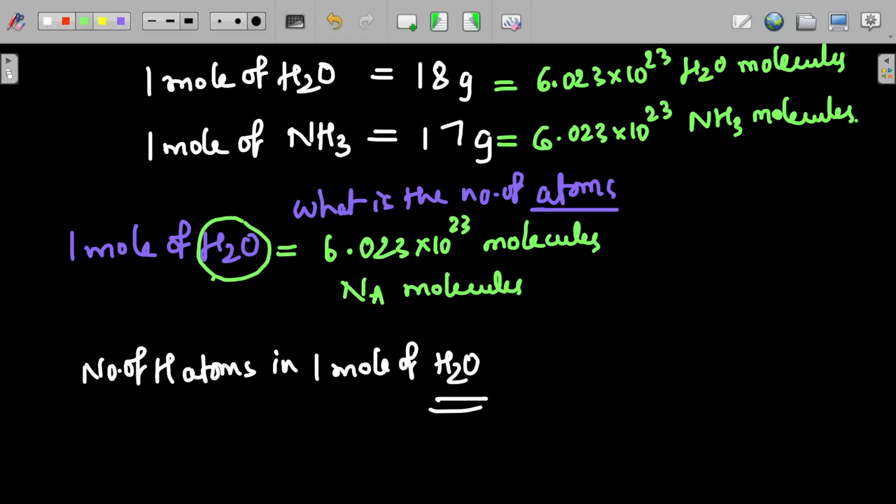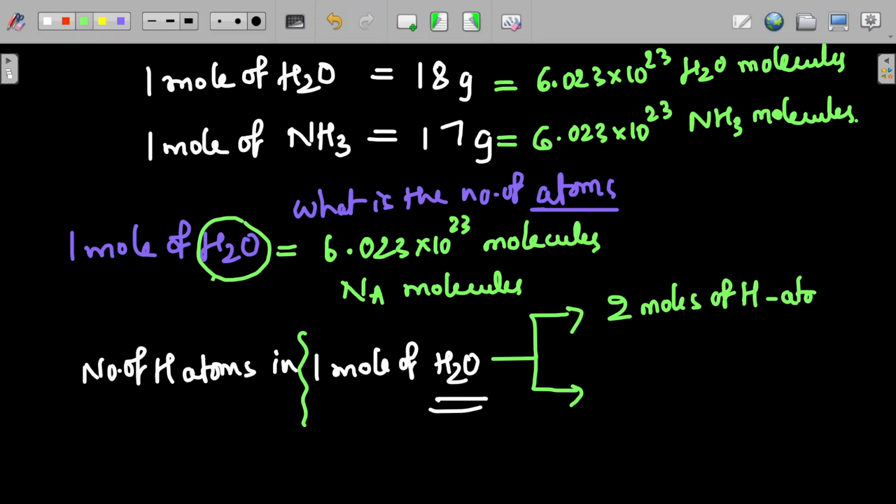Now the simple way is, whenever you take any compound 1 mole, you just take the number of atoms as it is. See, in hydrogen what is the coefficient? 2. So in one water molecule you have 2 hydrogen atoms. So in 1 mole of water you will always have 2 moles of hydrogen atoms, and oxygen atom is 1, so 1 mole of oxygen atoms.